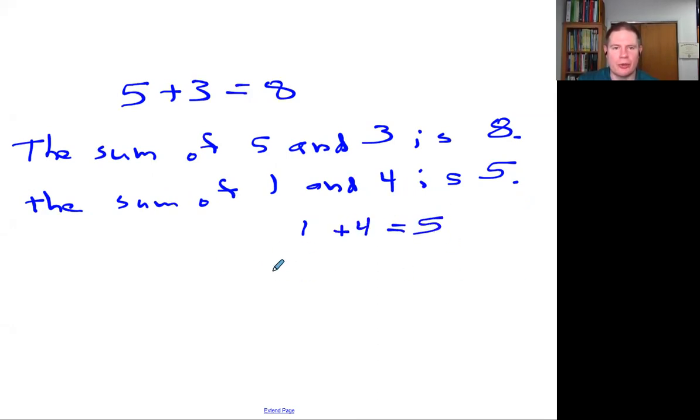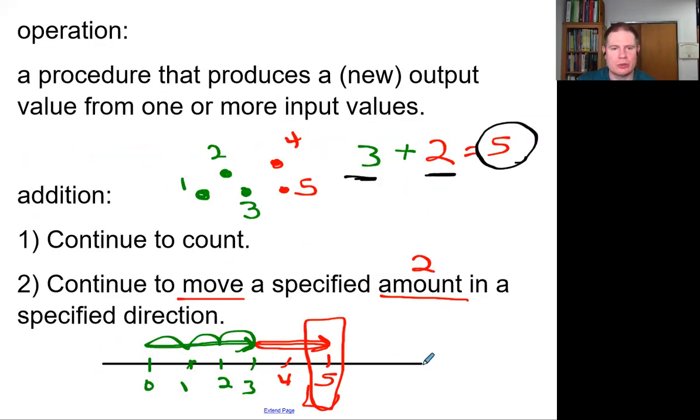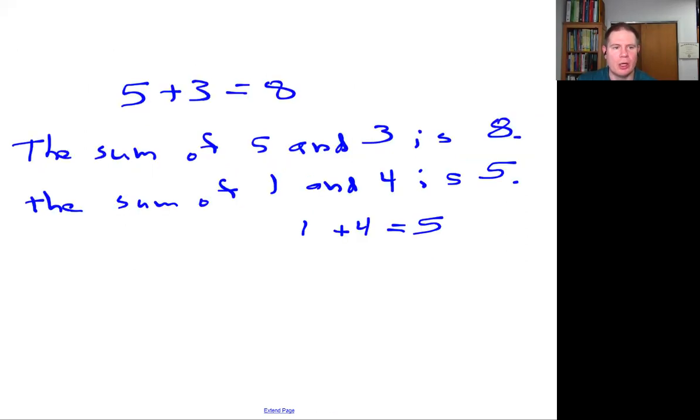Again, I can show that on the number line. Now, the number line doesn't always have to be nice and straight with all the numbers written out. Often when we're talking about sums, it's helpful to just show, okay, 1 going forward, 1, 2, 3, 4, past that. So the total, 1, 2, 3, 4, 5. That's how I get 5, right? That's using the number line.